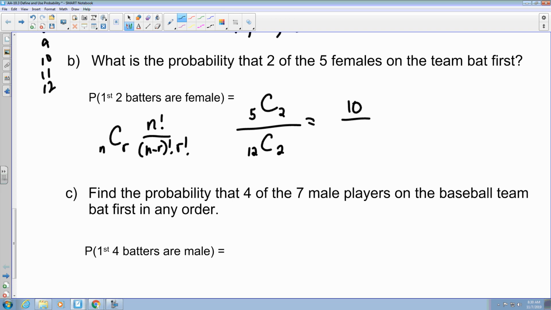And when we do 12C2, we get 66 outcomes. 10 divided by 66 gets reduced to 5 over 33, or about 15.2%.